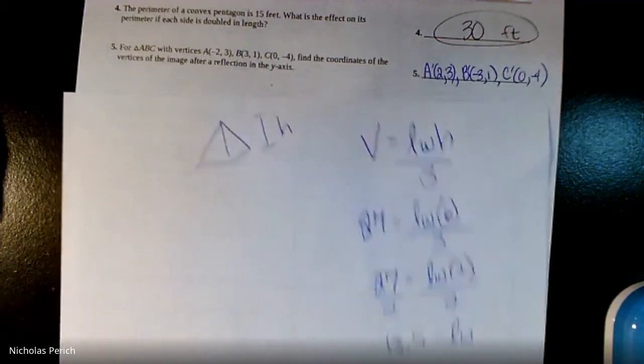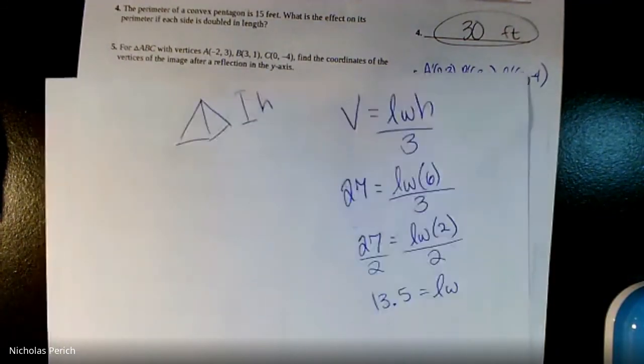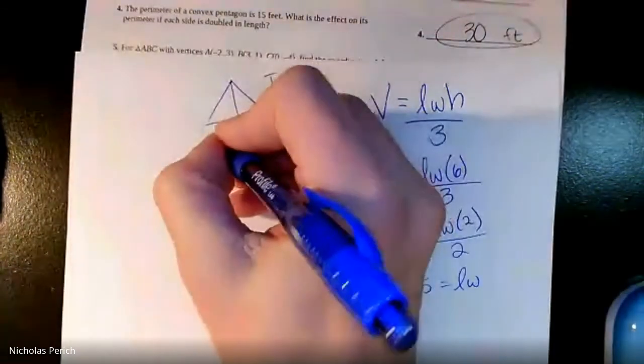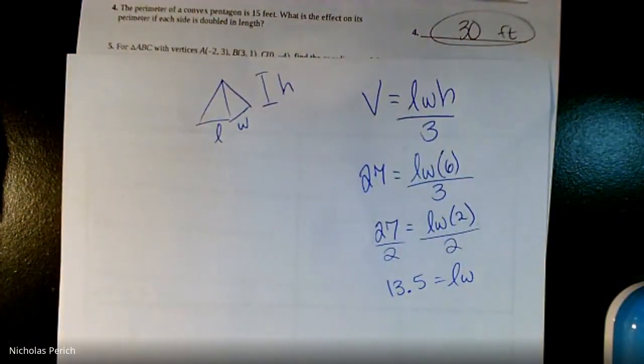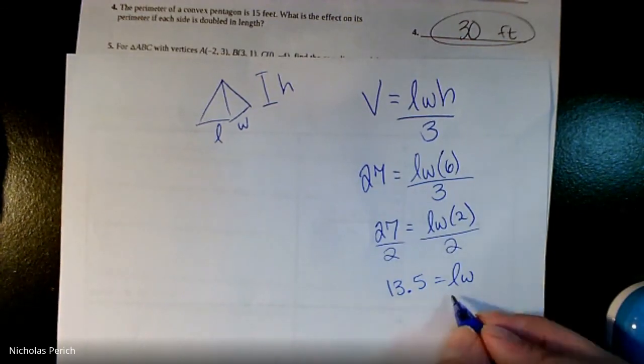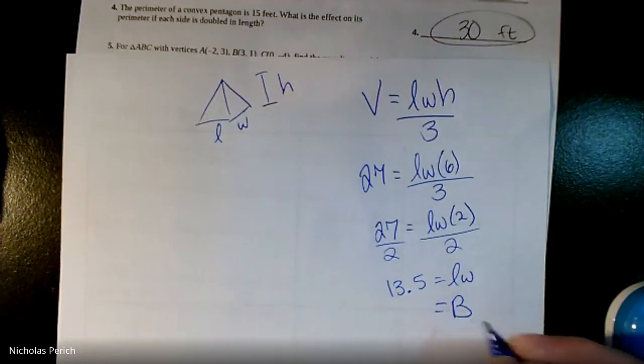Now, what do they want us to find? The area of the base. Well, remember, the base means the entire bottom. And how do you find the area of a base? Multiply length times width. So length times width is base.